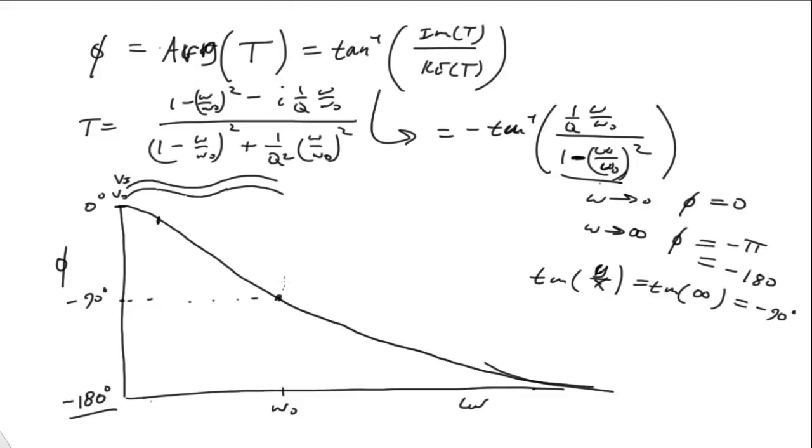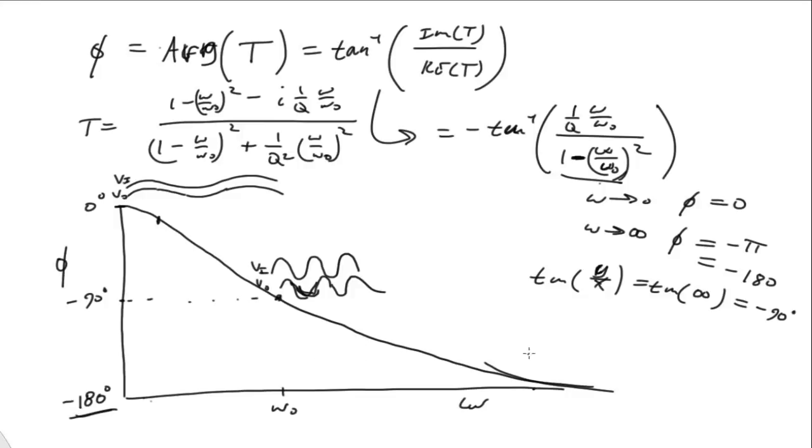But here we have some signal going like that. That's V in, and V out is going to look like this, slightly shifted as follows. Okay, when we get out here though, we actually get a complete inversion.